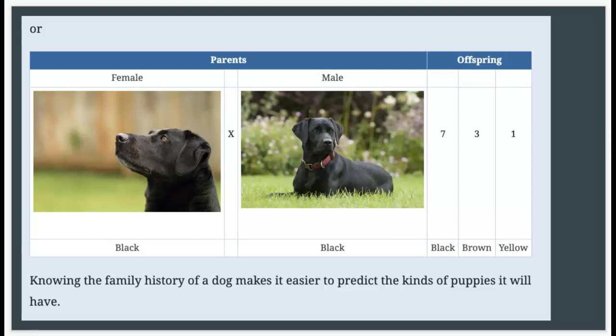So understanding what the parents had and the grandparents had and the great-grandparents had is really helpful in predicting what colors end up showing up in the puppies. This is something that dog breeders and cat breeders look at when they are breeding individual dogs or cats. What is the family pedigree or history? They can then predict what possible outcomes there could be for puppies or kittens, okay?